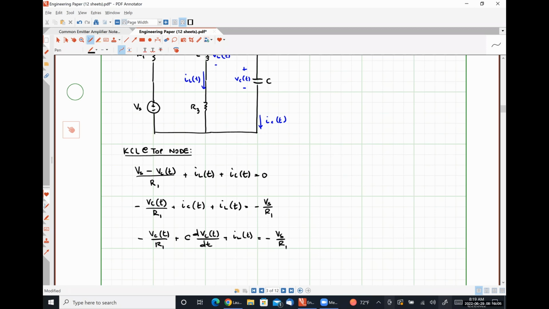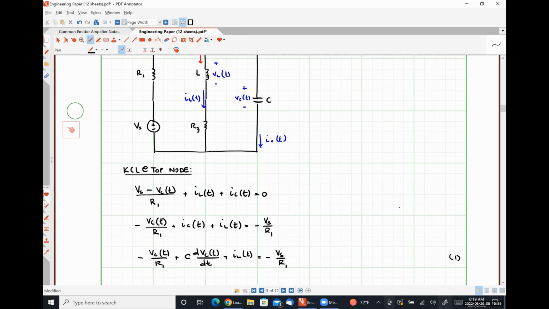And I have this expression here in terms of only my capacitor voltage and my inductor current. So this is a good equation. So I'm going to call this one number 1. We might manipulate it further in a minute, but I've got it in a form that I believe to be usable because it's only in terms of my capacitor voltage, inductor current, and constants.